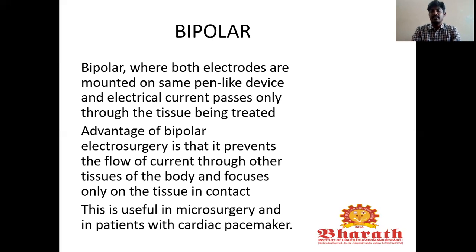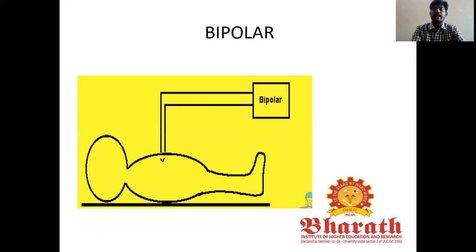With the same pen-like device, the electric current passes only through the tissue contacted. This is useful for microsurgery. At the same time, patients with a cardiac pacemaker can also have small surgical diathermy surgeries with the help of bipolar. This is the bipolar type.